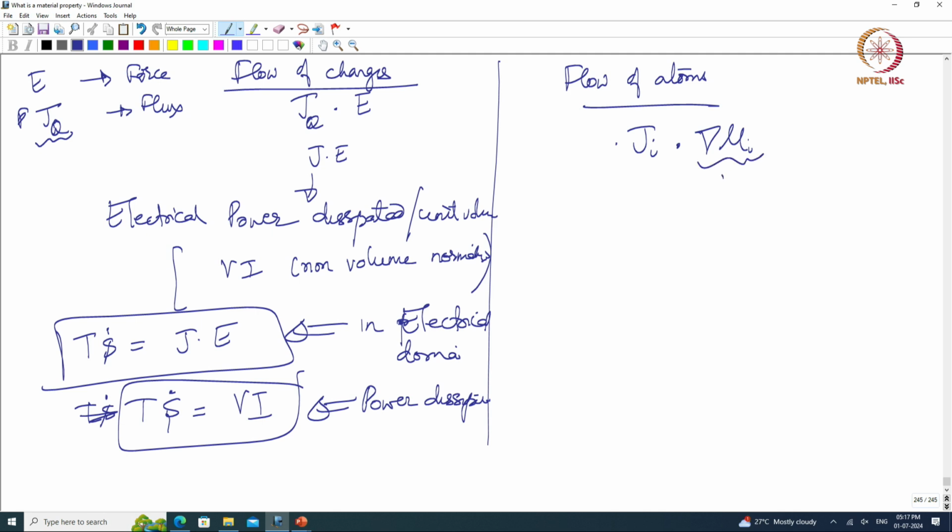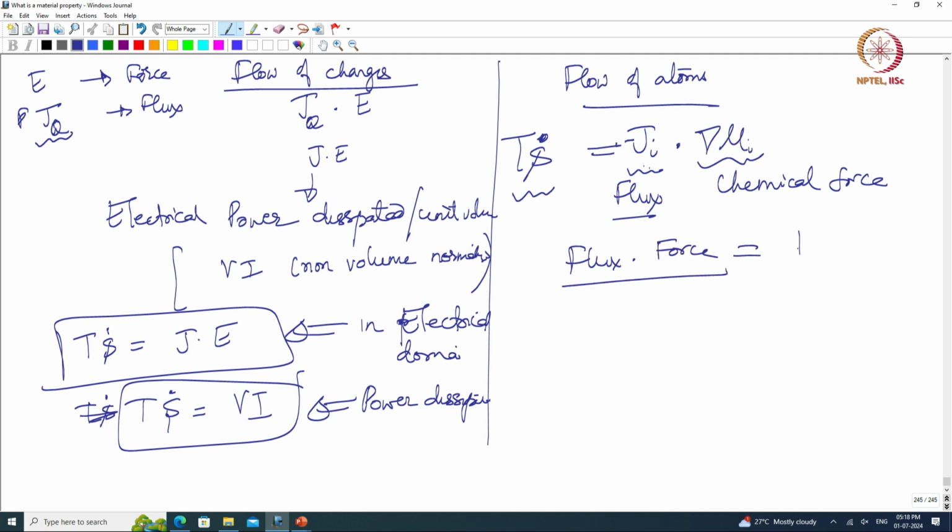So, this is the chemical force, this is the chemical flux, and the chemical flux times chemical force is nothing but T S dot again, right. So, T S dot is my power dissipated, and that is equal to minus of the flux times force, right. So, flux times force gives me dissipation or T S dot, entropy generation or energy dissipated.